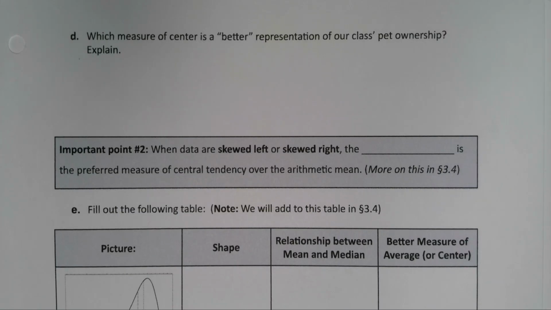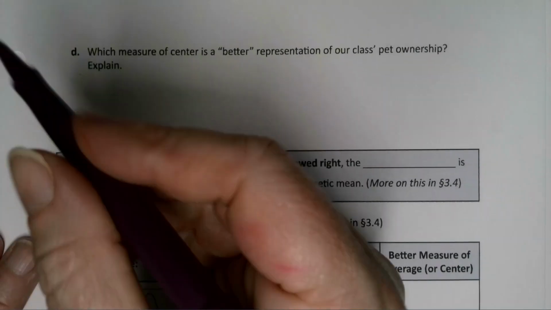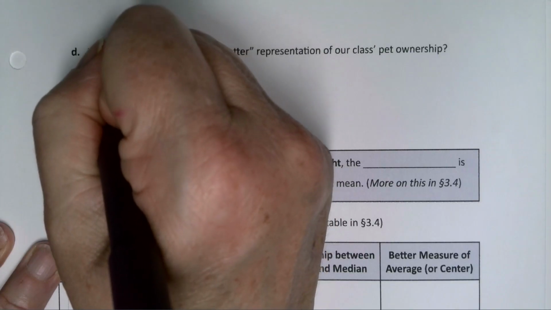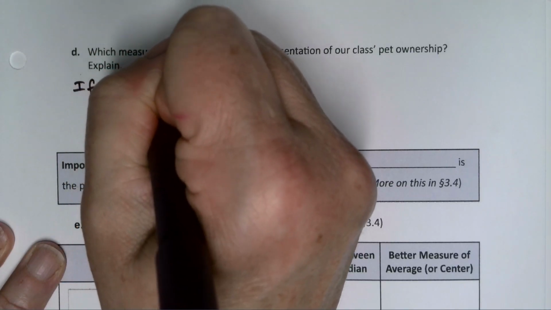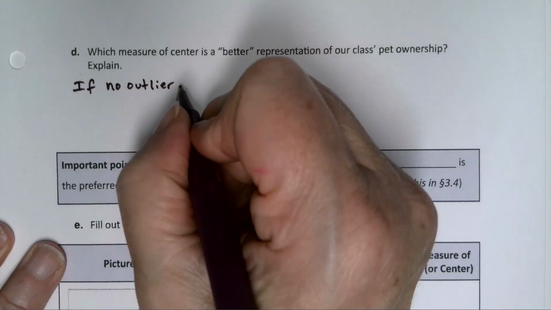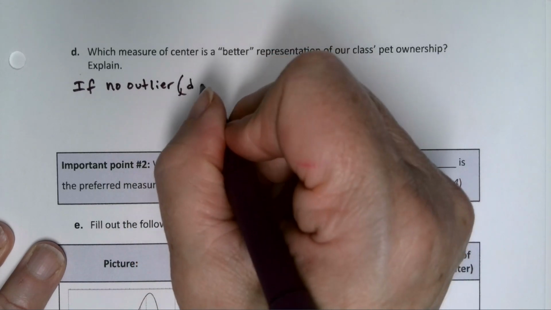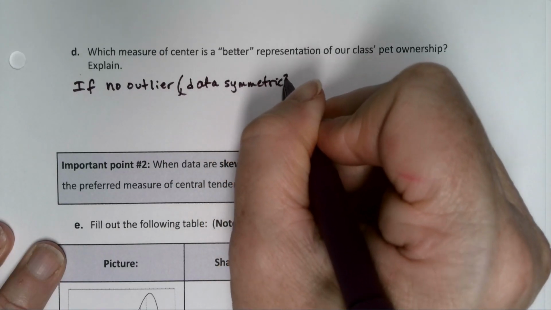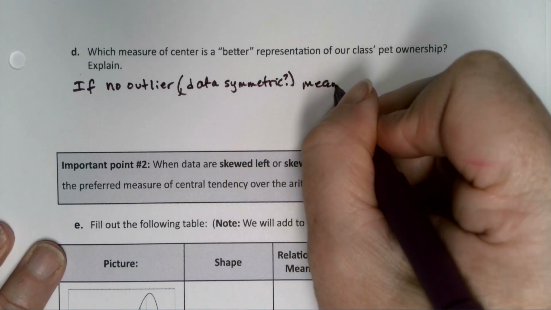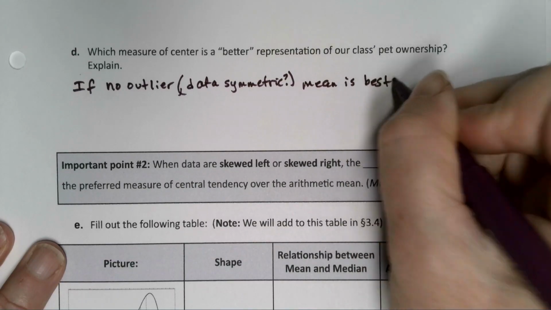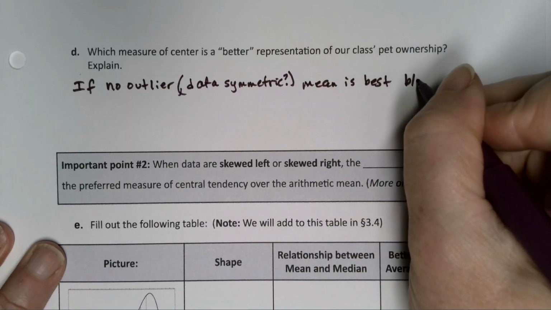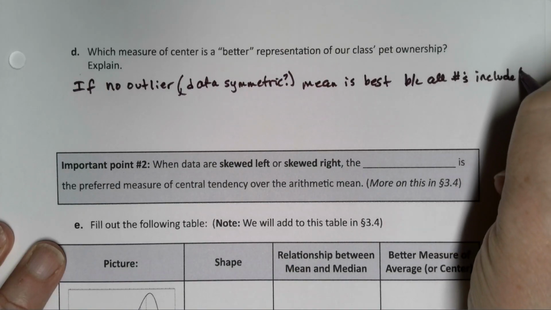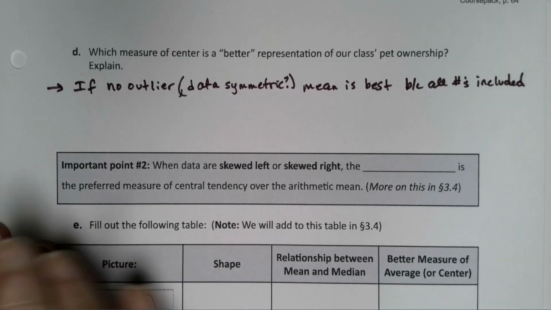So if the data are skewed, if the outlier is included, versus if there's no outlier and the data are pretty symmetric, then the mean is probably best because it includes all of the data, all numbers included.